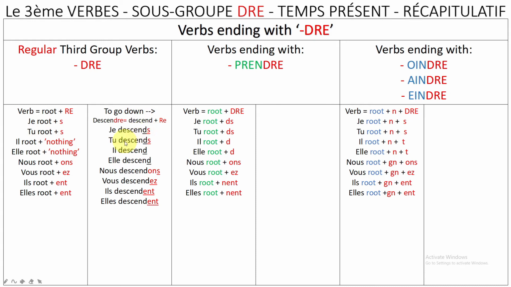So you see, for all of them, I just added the root. Now I need to add S for je, S for tu. For il, elle singular, nothing. I'm just leaving as it is. For nous, ONS. Okay. For vous, IZ. For il plural, INT. For elle plural, INT.